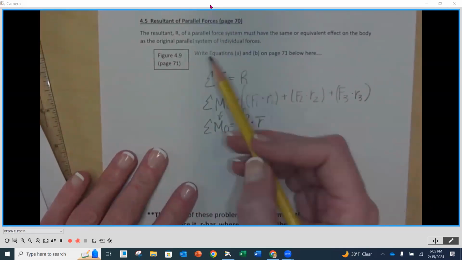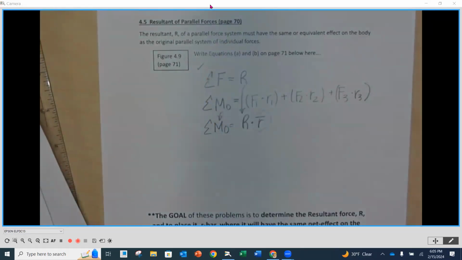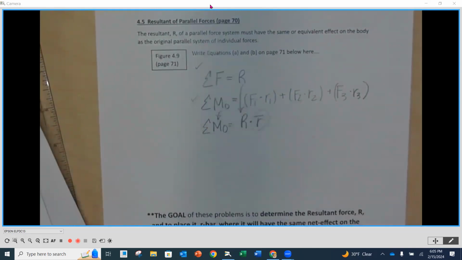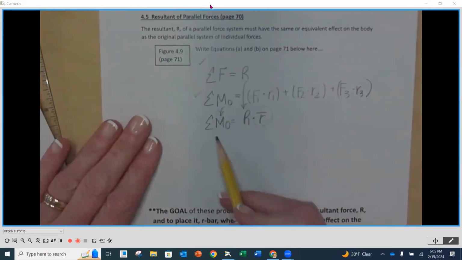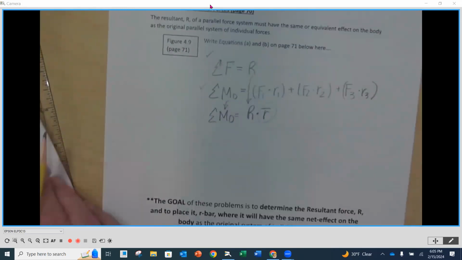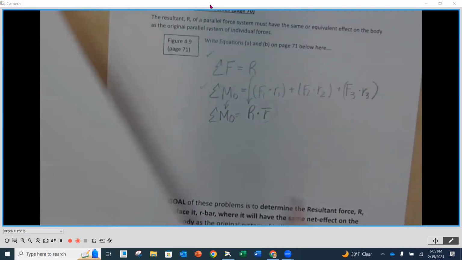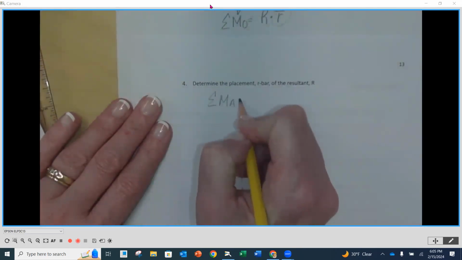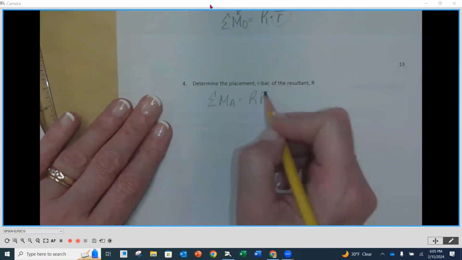We already did sum the forces to figure out the resultant. We just did the moments to figure out the total moment due to the individual forces. And now we're going to use this equation right here. Sum of the moments around A is equal to R times R bar. So on step number 4, that's what we're going to write. Sum the moments around A is equal to R times R bar.